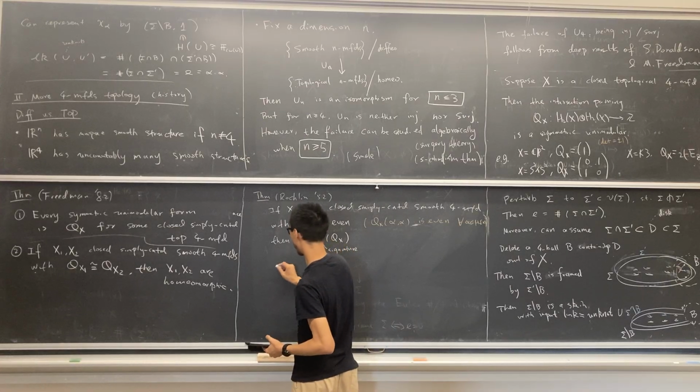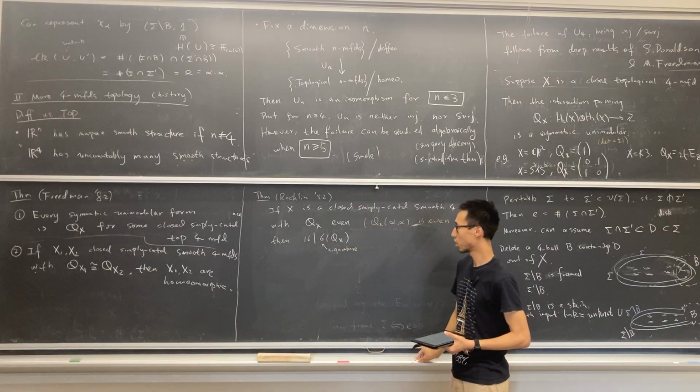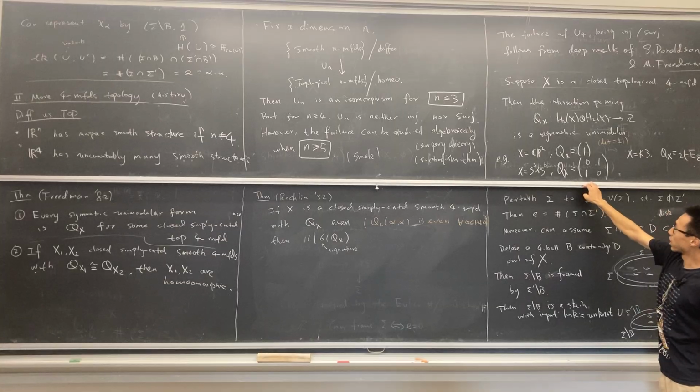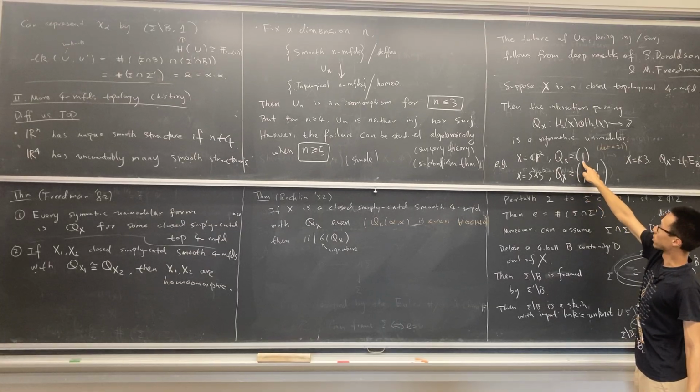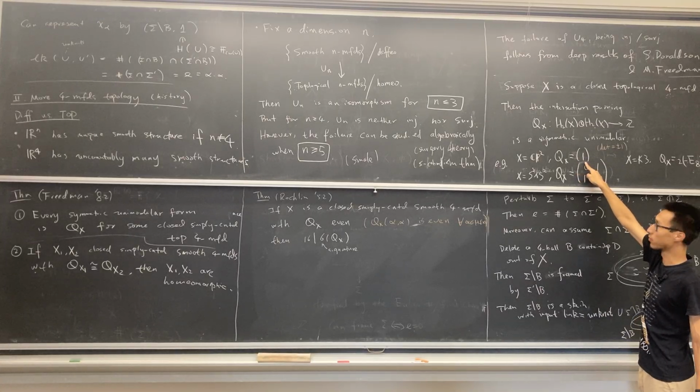Sorry, Q isn't always even? It may not be. For the example here, this form is not even because the generator pairs to 1 with itself.